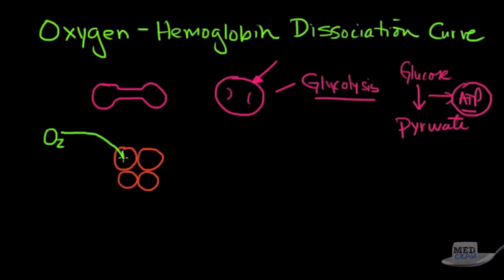If it binds to the first spot, it causes a conformational shift with the next one that causes oxygen to bind more affinitively. And that causes a conformational shift with the next one, which causes the oxygen to bind even more affinitively. And finally, that causes a conformational shift that causes the last one to bind with even more affinity. And so what happens is you get something called cooperativity.